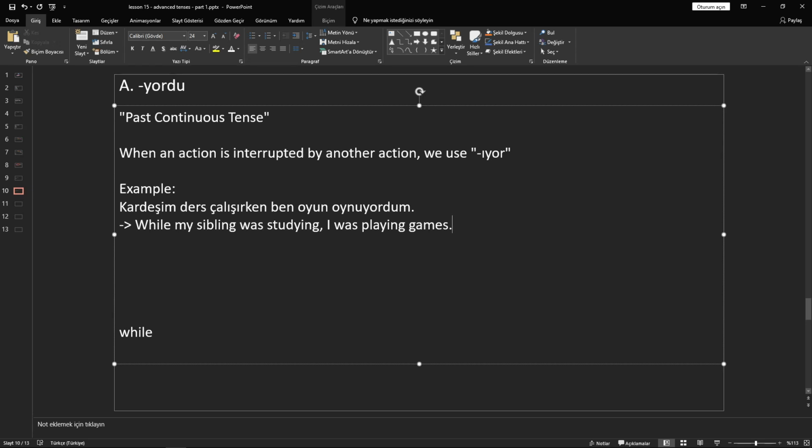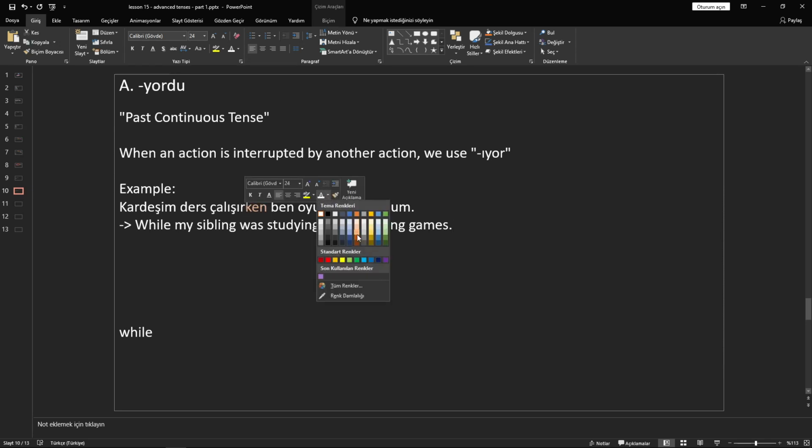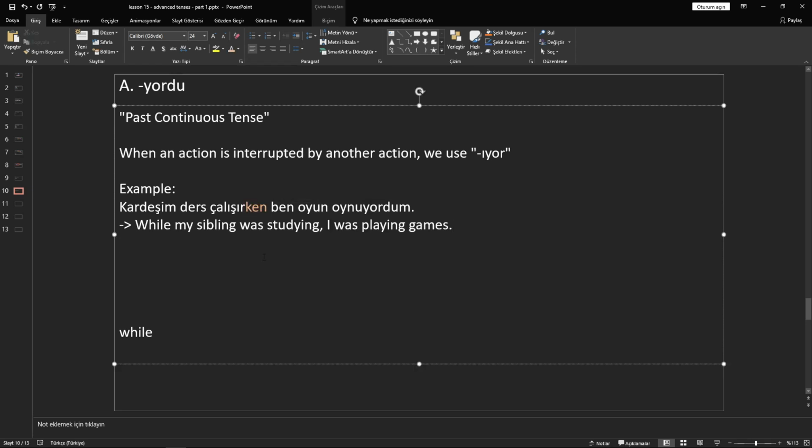In this case, there are two events happening at the same time. And while is how we say ken. Another important participle to know about. We will talk about all of them, but for now, let's grab ken. So, while sen yaparken ben oyun oynuyordum.